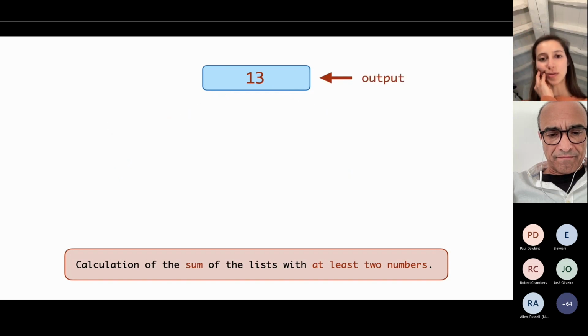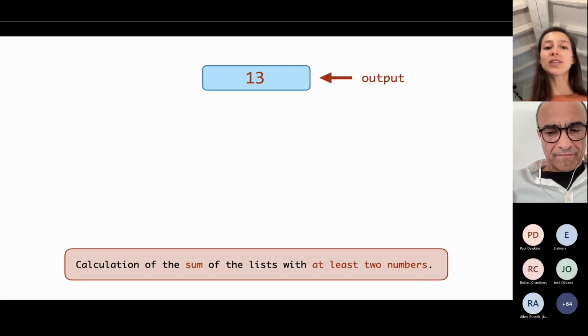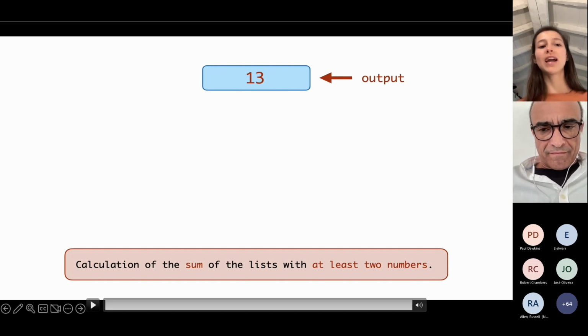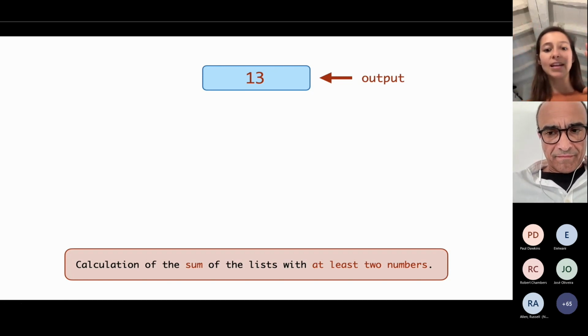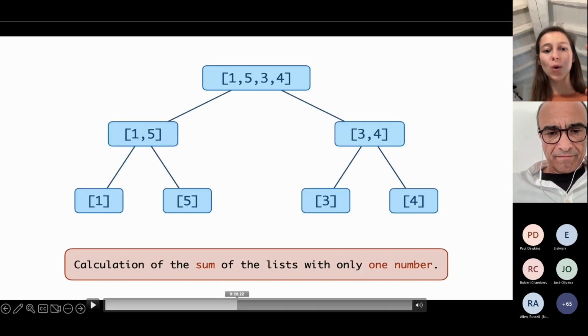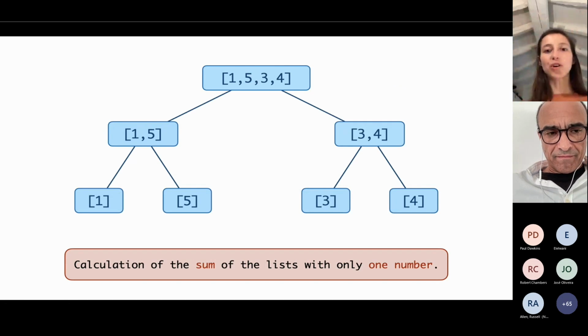And that's our output. This video was a little fast-paced, but the idea is we have a hard problem, and so we are going to divide that problem into smaller, easier, simpler problems.